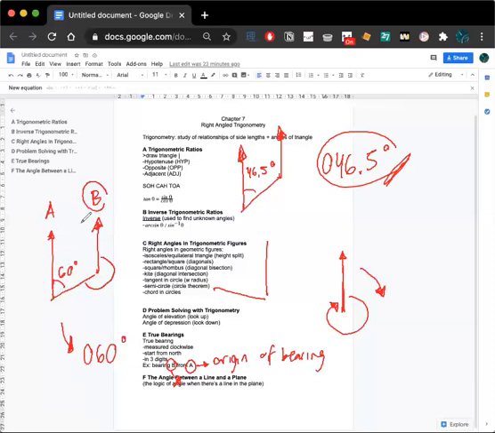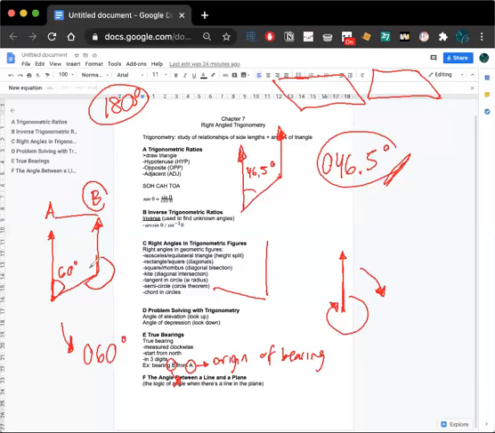Using maths, we can know that the total of this part and this part is 180 degrees, because it's like one side of a parallelogram or one side of a trapezium.